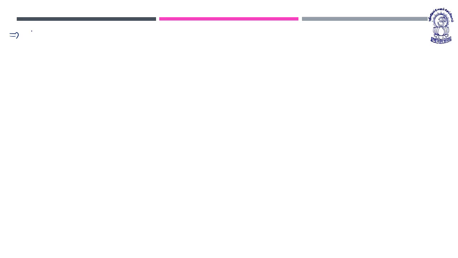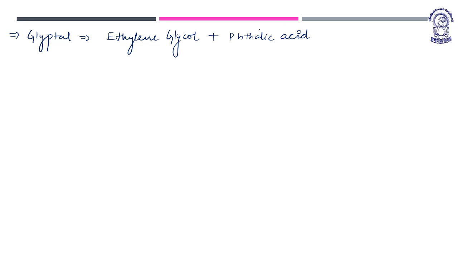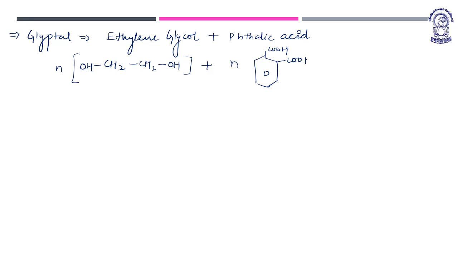Now comes glyptal. It is also a polymer of ethylene glycol plus phthalic acid, benzene 1,2 dicarboxylic acid.